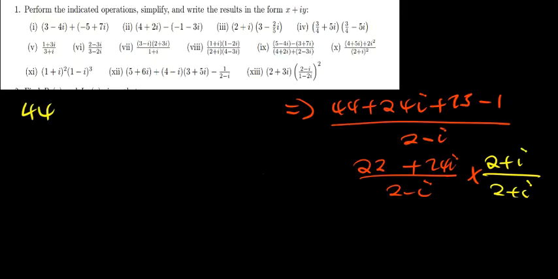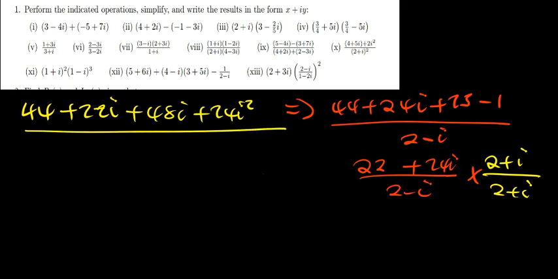Then 22 times i is 22i. Then 24i times 2 is 48i. 24i times i is 24i squared. I'm multiplying the denominator by its conjugate, the one having negative, squared.